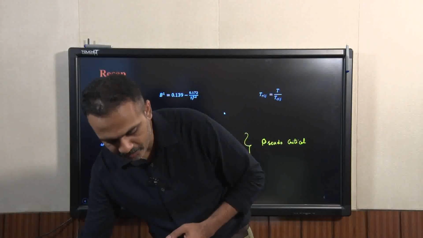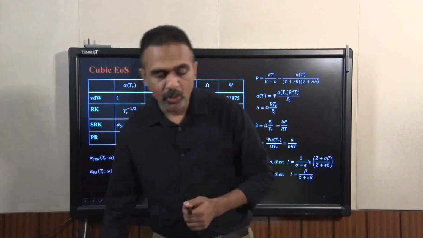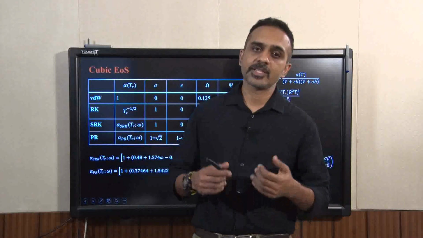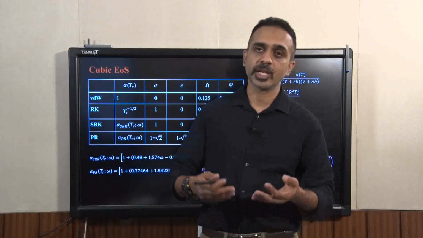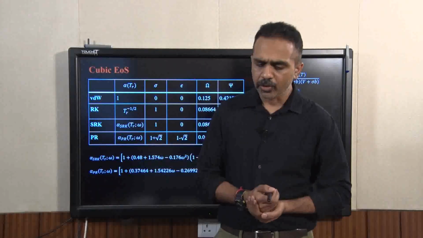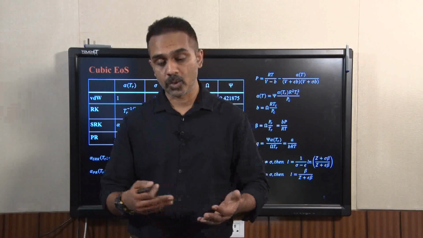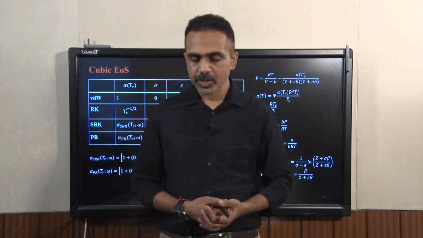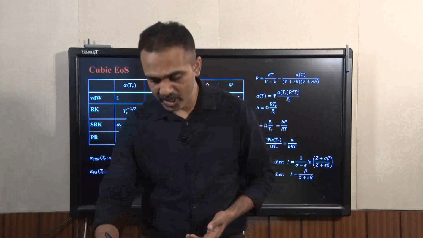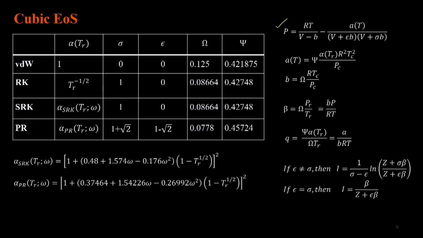What we will do today is look at how to calculate the fugacity coefficient of a species in a mixture using a cubic equation of state. If you recall, we have used a variety of cubic equations of state: van der Waals, Redlich-Kwong, SRK, or Peng-Robinson. Each one of them can be written in a generic form as shown here, with several parameters a, b, etc. listed in there.